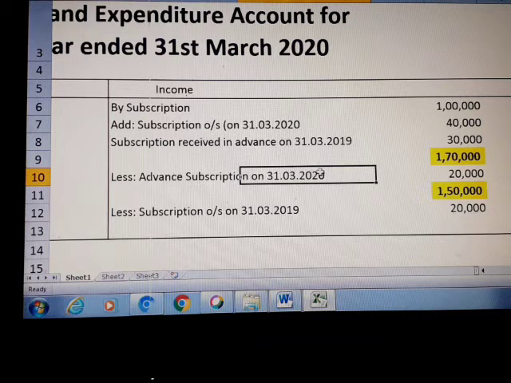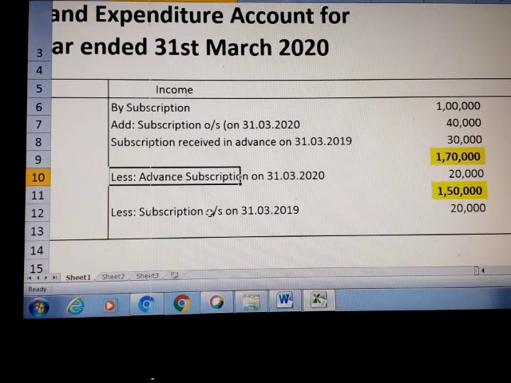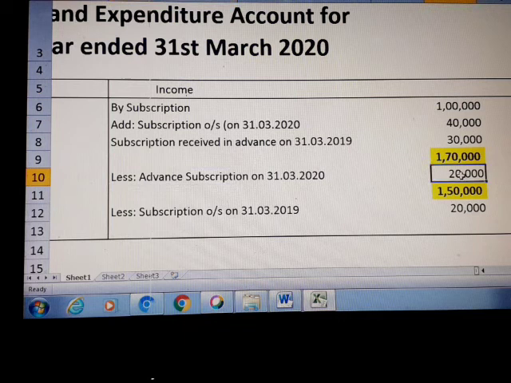That is what I mentioned here, advance subscription which I received towards 31st of March 2020, I am subtracting it. The reason, this belongs to the period, which period? It belongs to the period 2021. Able to understand? Suppose if I am preparing the income and expenditure account for the year 2021 and in the question I have got this information, advance subscription which is received in the year 2020, that is 31st of March 2020, 20,000, then I will take 20,000 in the addition.